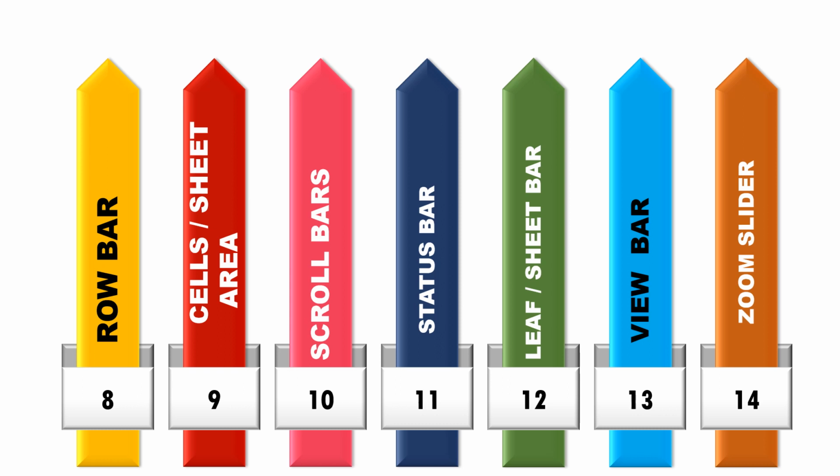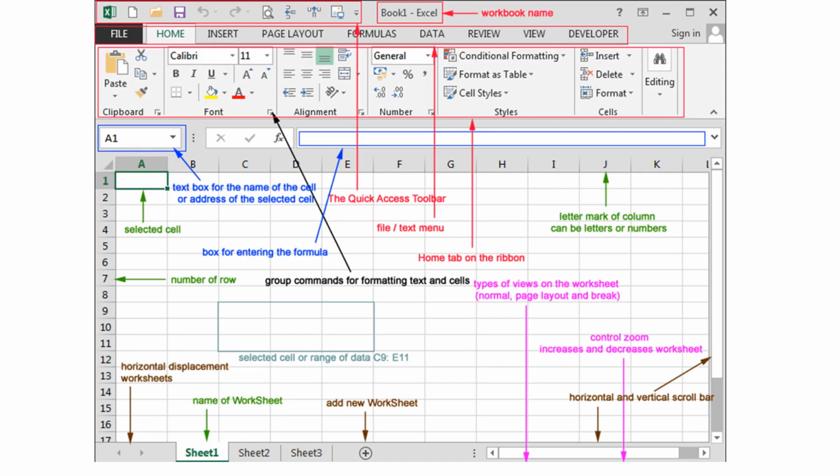Now let us see the purpose of each and every component of an Excel workspace window. Here is an illustration of the different components and their locations inside the Excel window.